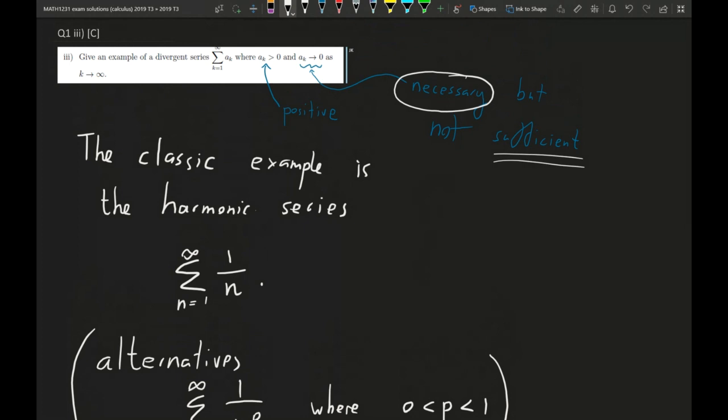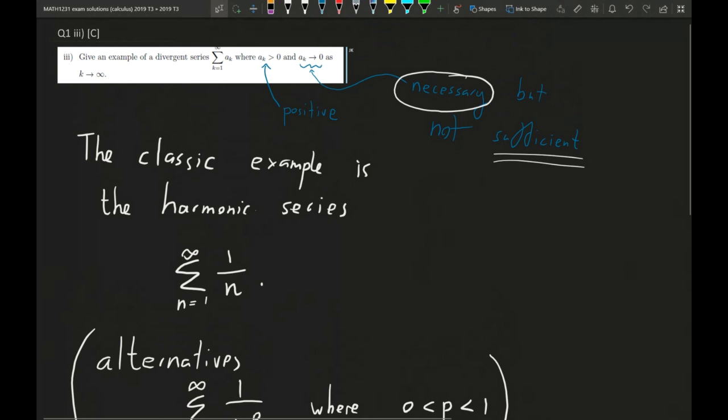I would say that there is usually a question a bit like this in the exam, because there are usually questions where you may or may not use the nth term test. And that's one that students often get wrong. The nth term test says that if the terms in the series do not go to 0, then the series can't converge.